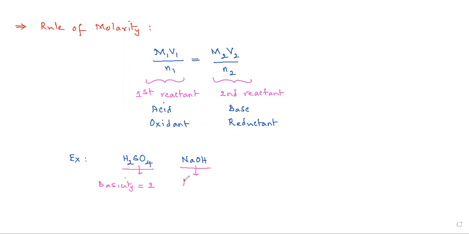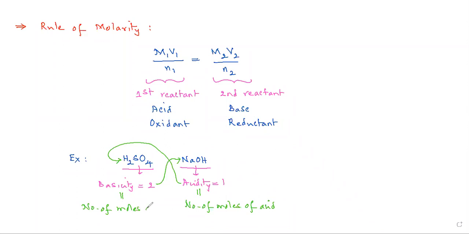Now, for this base, acidity is 1. Simple. Basicity is the number of moles of acid. Acidity is the number of moles of the base. You need not write the equation. You need not balance it. So simply take this basicity as the number of moles of acid, acidity as the number of moles of base, right.